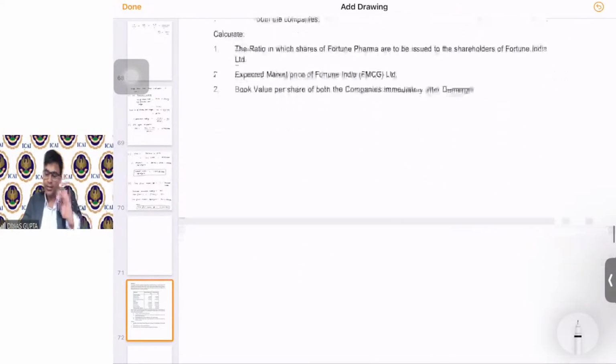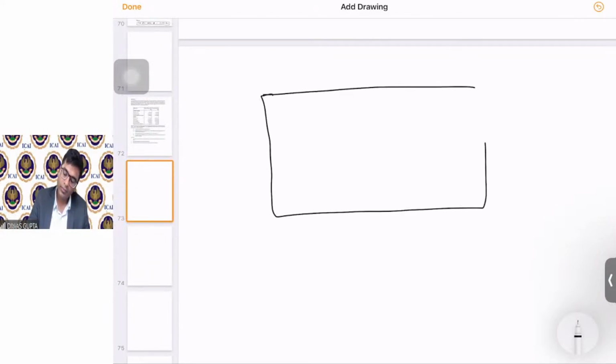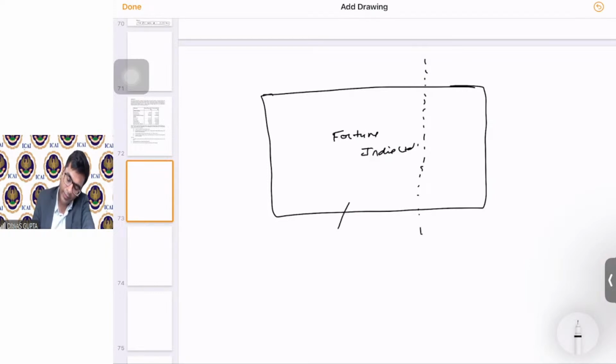Now understand, students, this from the perspective of, let's say, there is this company called Fortune India Limited, and it has two divisions, as it is said. I'm dividing it to show two divisions. One is FMCG and second is pharma, right? Now this was till 31st March 09 that there existed a company called Fortune India.